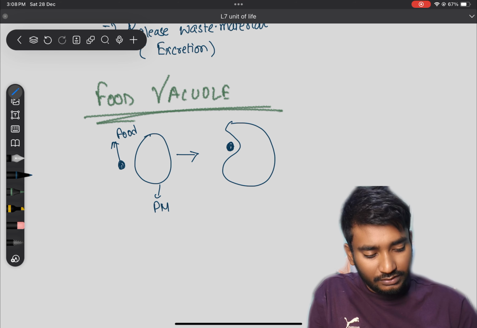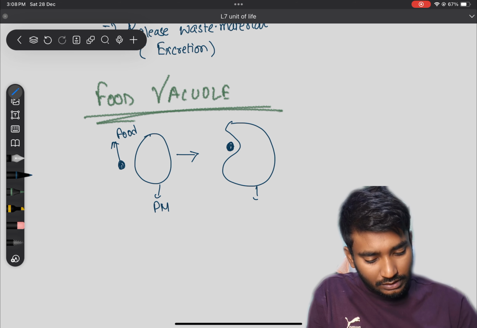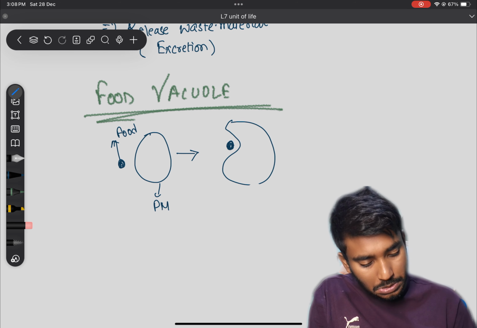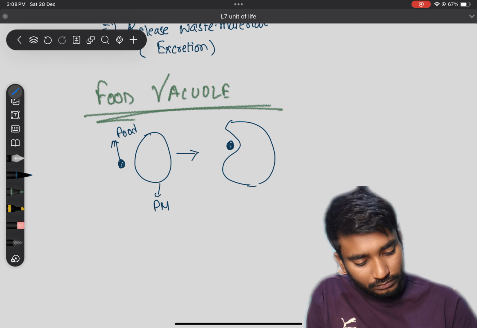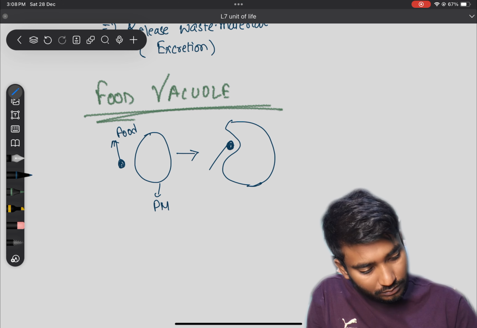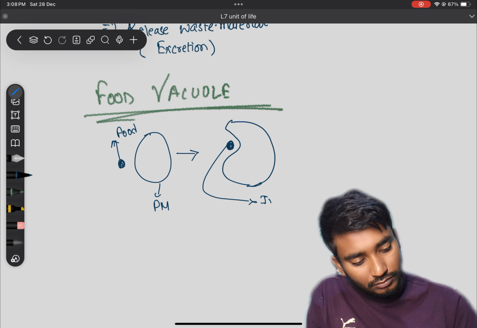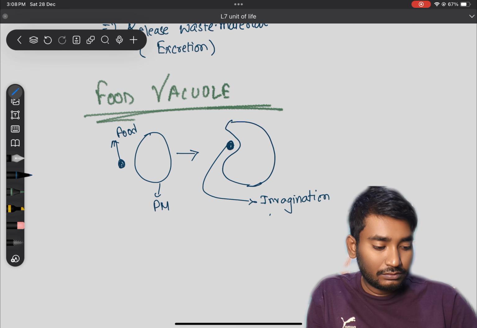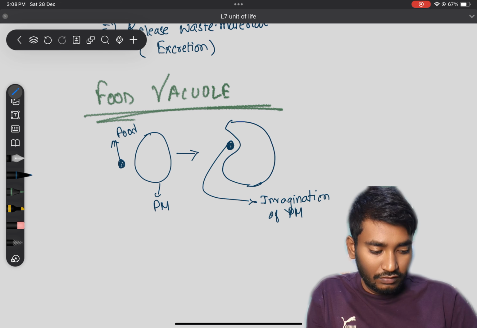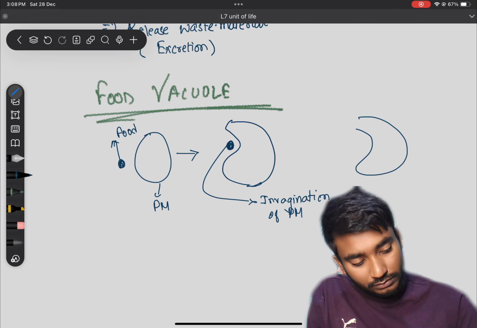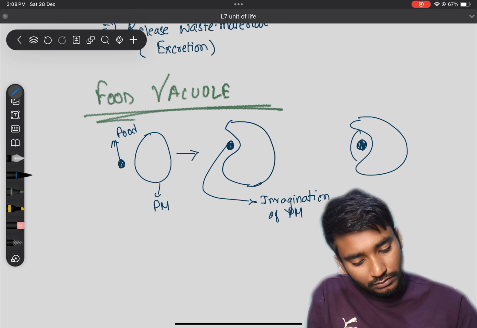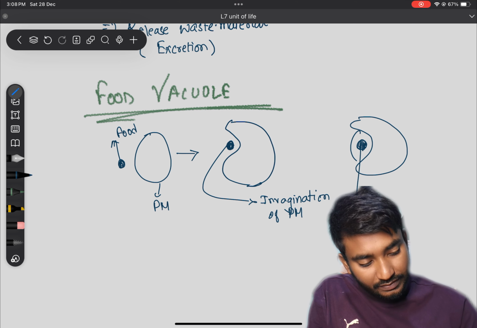This is the plasma membrane. Invagination of the plasma membrane occurs, and this structure is separated from the membrane.